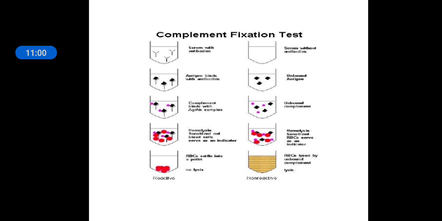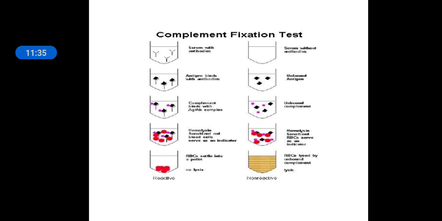So how the complement fixation test works is that if we have a serum with antibody and a serum without antibody, to the serum with antibodies, that is the patient serum with antibody, we add the antigen, and the antigen will bind with the antibody. We know complement will bind with the AG-AB complex. So if you add the complement, it will bind with the AG-AB complex. The RBCs are lysed in the presence of free complement, so we use RBCs as an indicator.